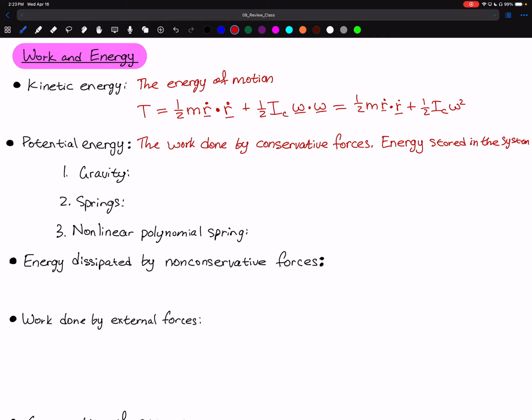We looked at energy from 3 different conservative forces. The first was gravity, which we'll just say V sub g is equal to mgh.